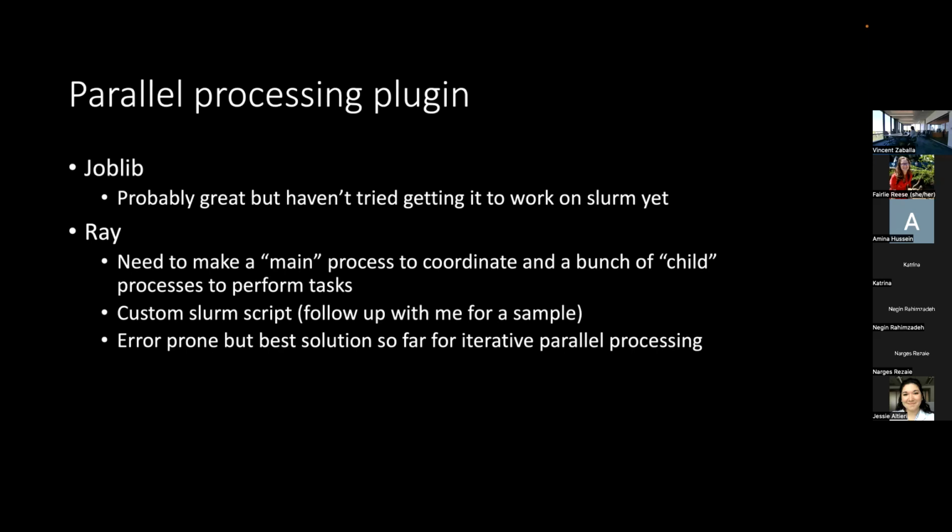I have a question about the error prone nature of it. Is there some sort of indication that you get when a process can't communicate across nodes, so that you can just try rerunning those processes? Yeah, that's the promise of Ray, because it's supposed to be smart. It has the main node, and then what we call worker nodes.